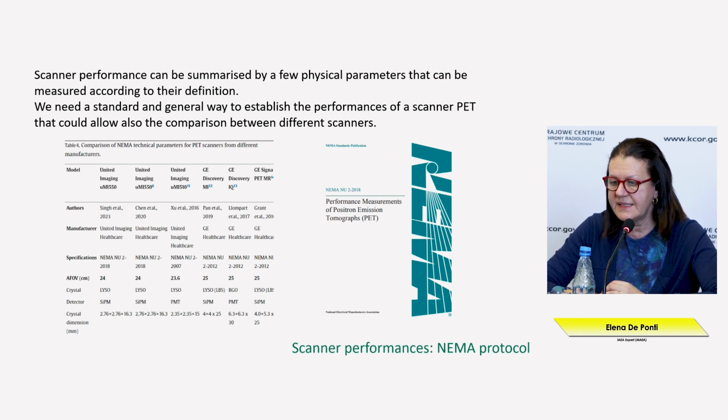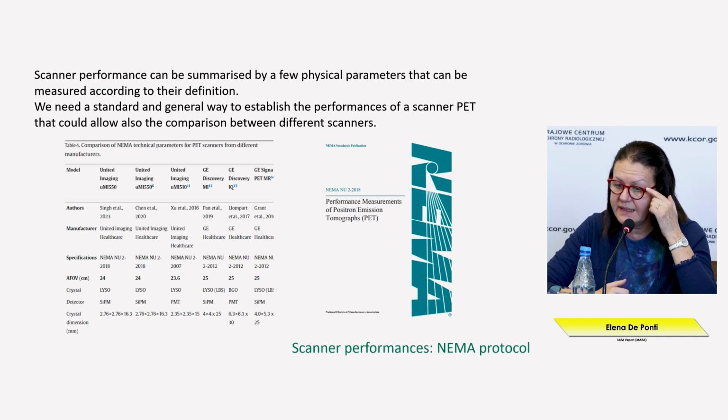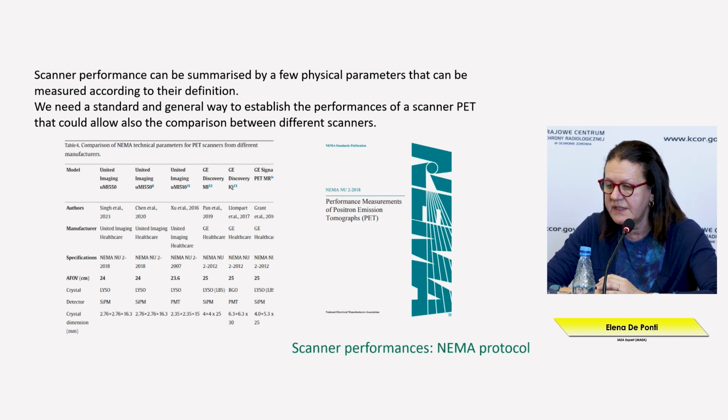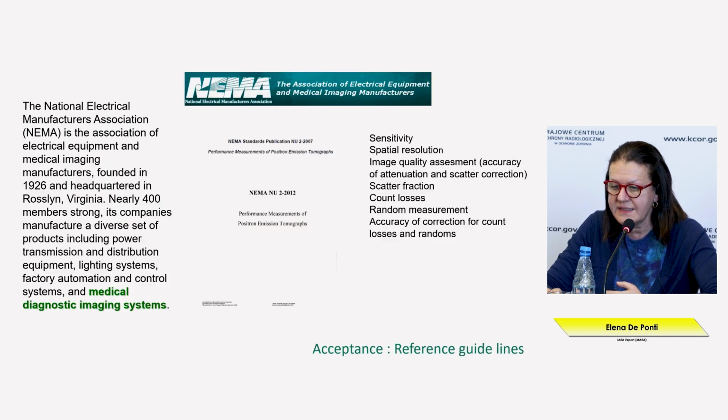And this set of parameters is provided by the NEMA protocol. Here in this table you can see the results of some of the parameters that are included in the NEMA guidelines and that have been measured for different PET CT scanners.